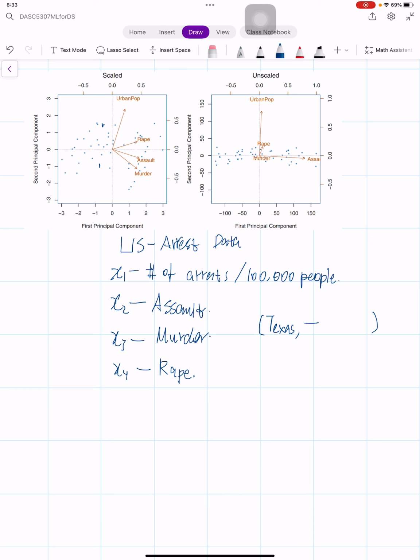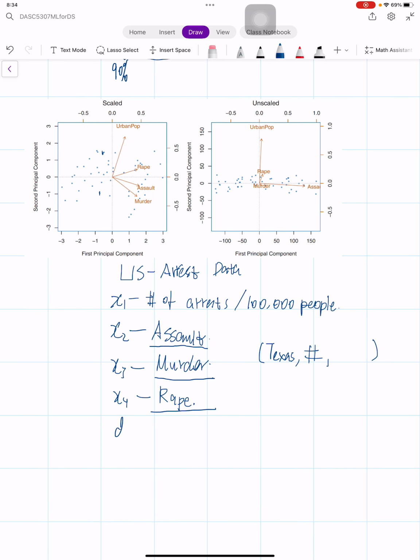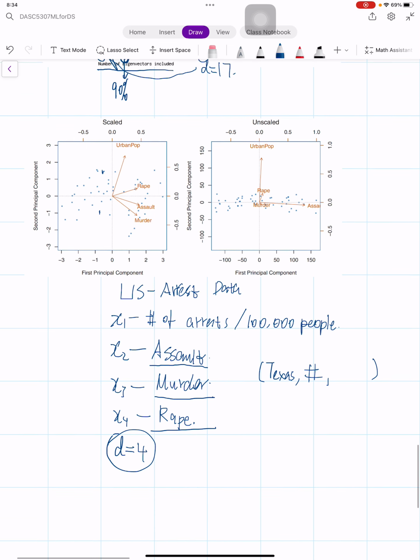We have some number here, which is the number of arrests, the number of assaults per 100,000 people, the number of murders per 100,000 people, and the number of arrests due to rape per 100,000 people. Originally the feature space has 4 dimensions, so it's hard to visualize, right?